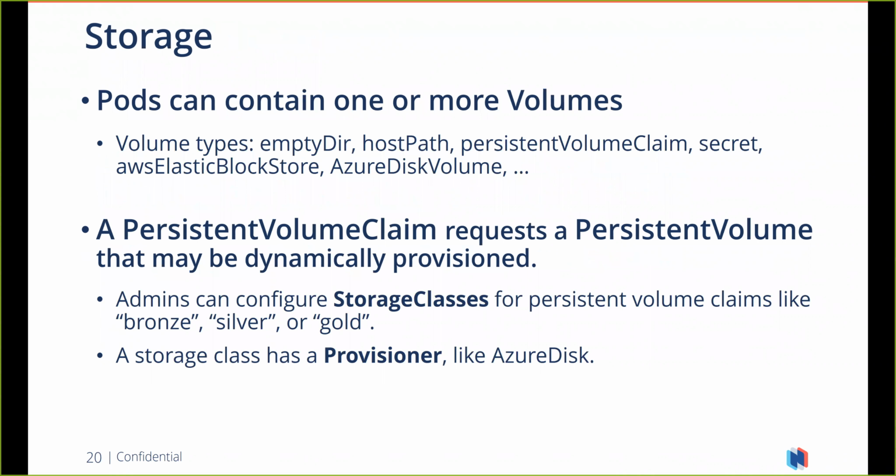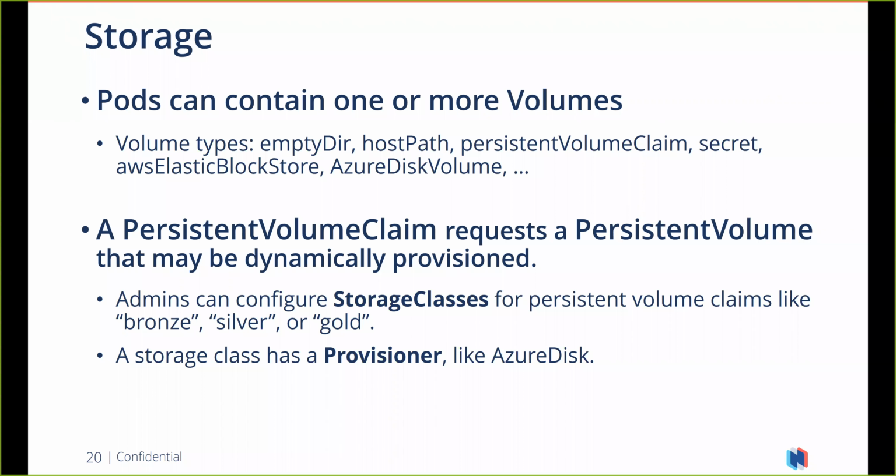Volumes can be as simple as an empty directory if you just want a temporary directory, which goes away when your pod goes away. It could be a host path, which means there's some data stored on your hosts. It could be something like a secret, which is an encrypted piece of information that your application uses. Or it could be an EBS if you're using AWS, an Azure Disk, a file system. So it could be several things.